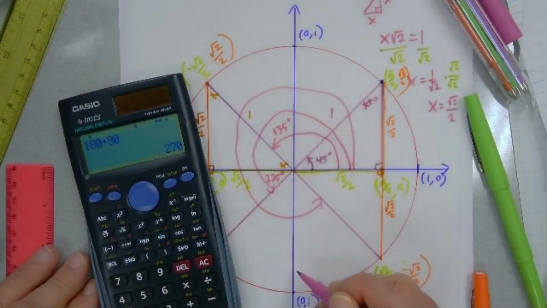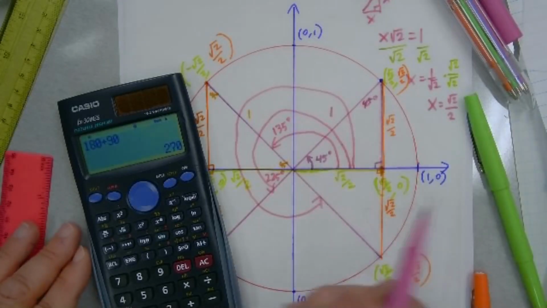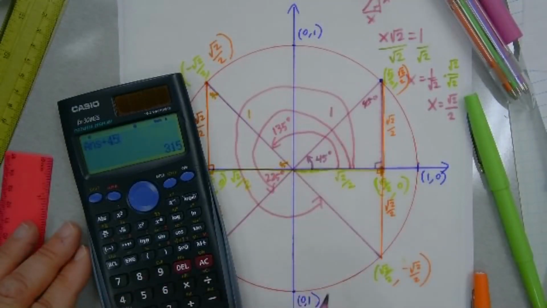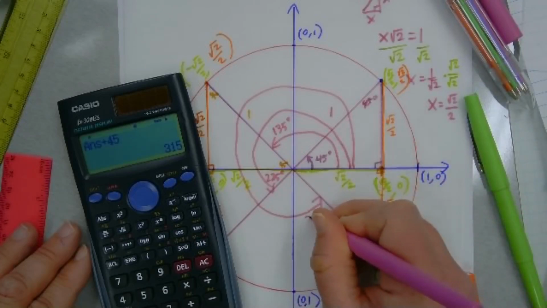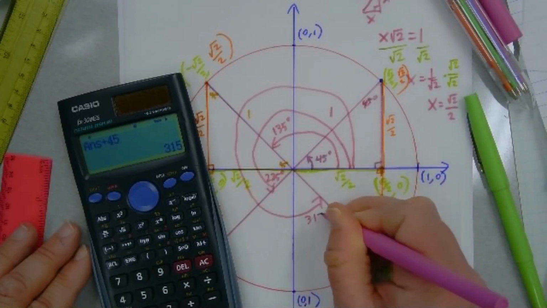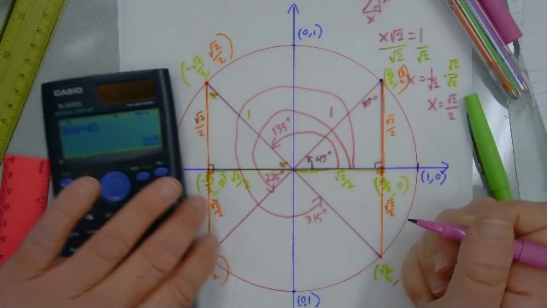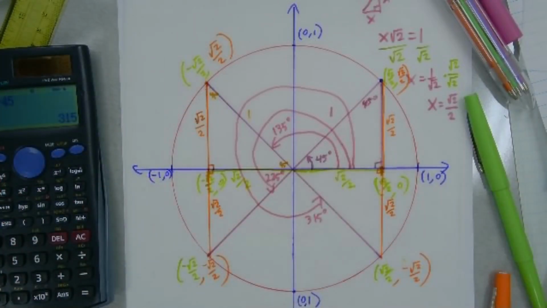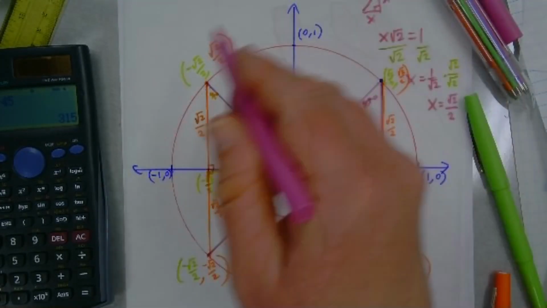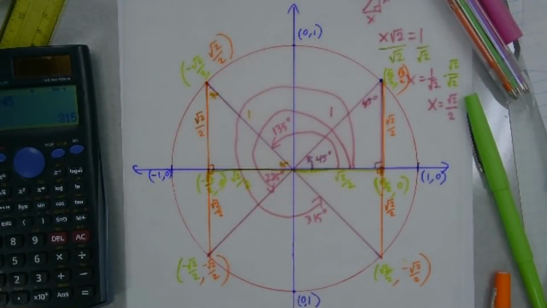So that's to get to the purple one. Another 45 to get to this one. That is 315 degrees to get there. So I have 4 points on the unit circle that I've found with my 45-degree triangles.